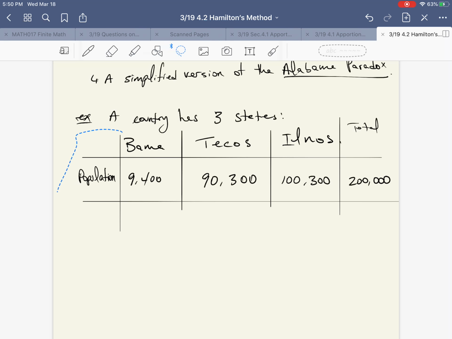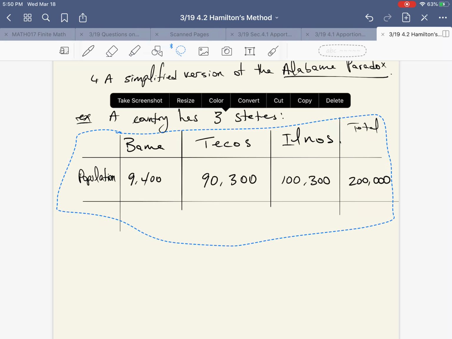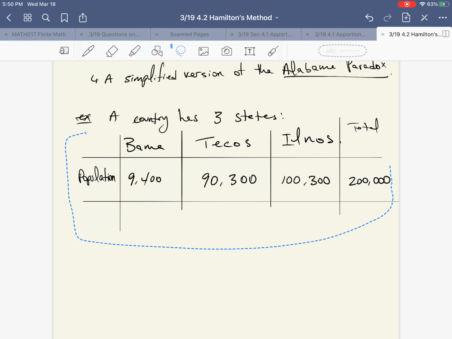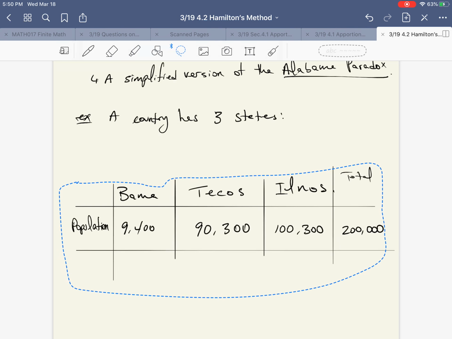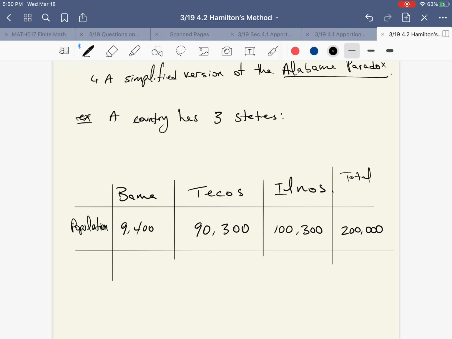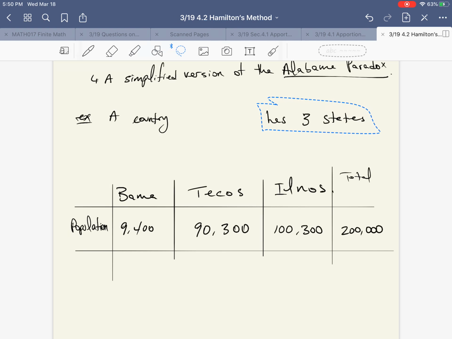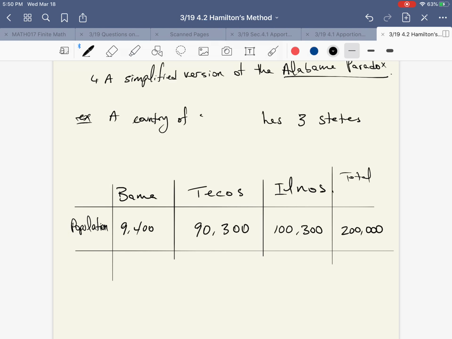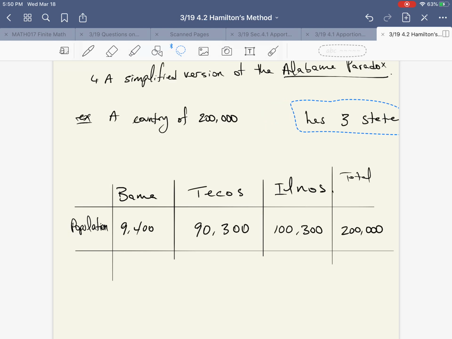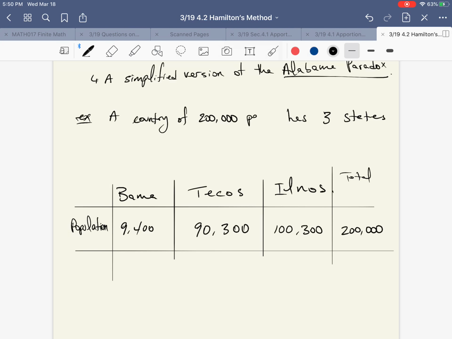So a country of 200,000 people has 3 states.